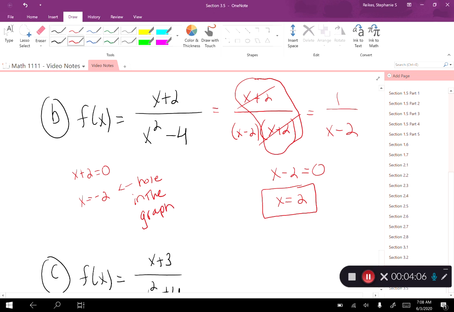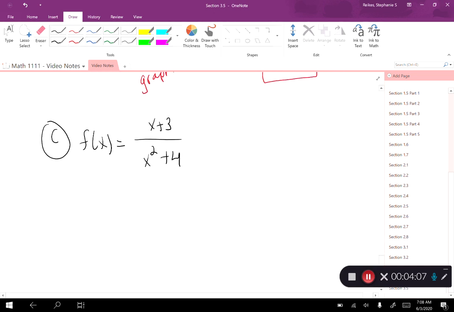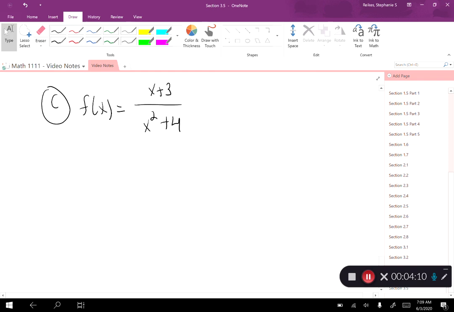Alright, let's take a look at one more example, part C. F of x is equal to x plus 3 over x squared plus 4. Alright, this one's a little tricky, kind of a trick question. X squared plus 4 is not difference of squares, and this cannot be factored.